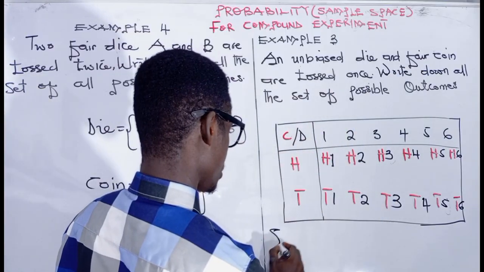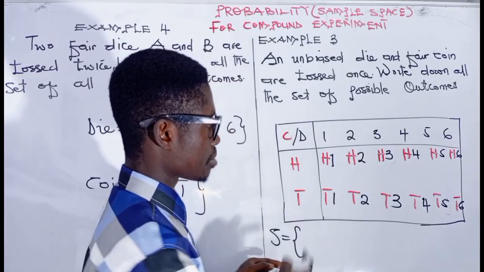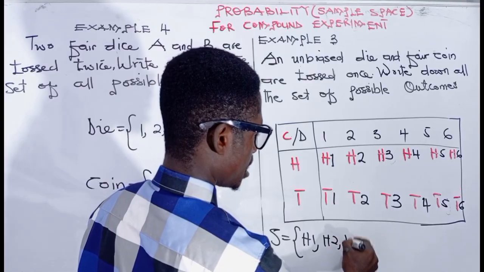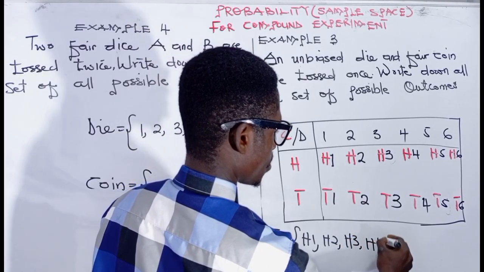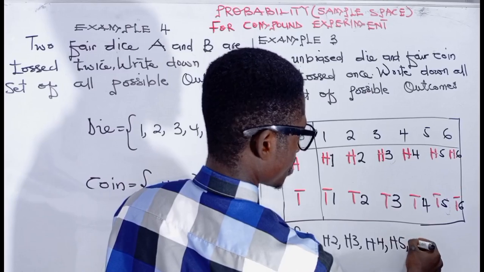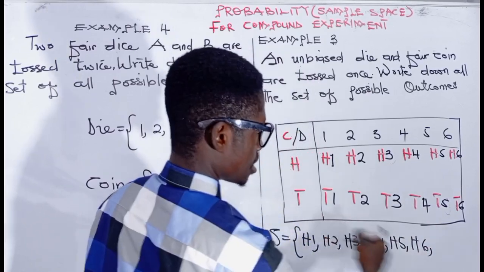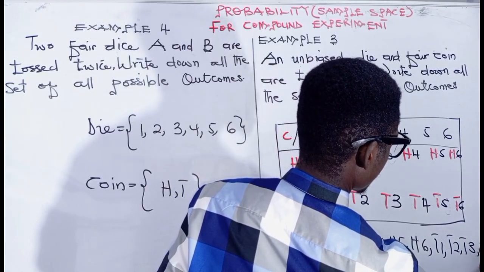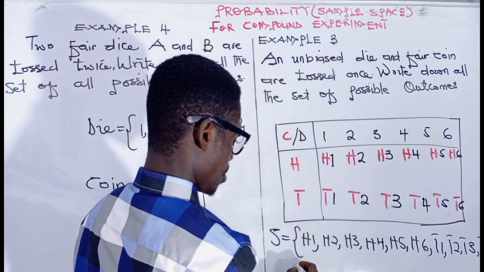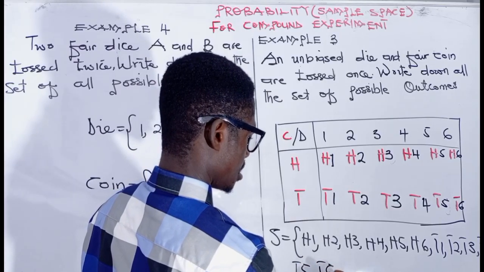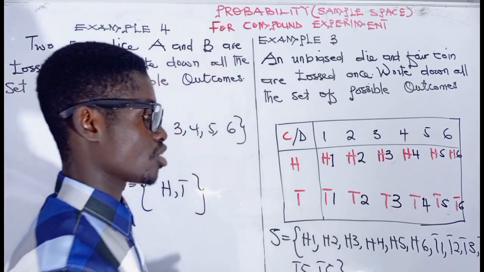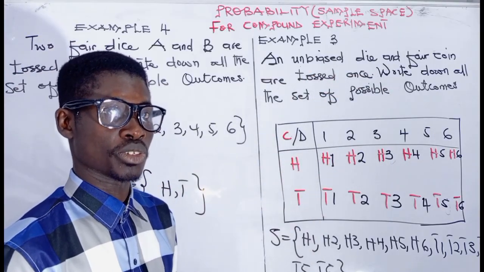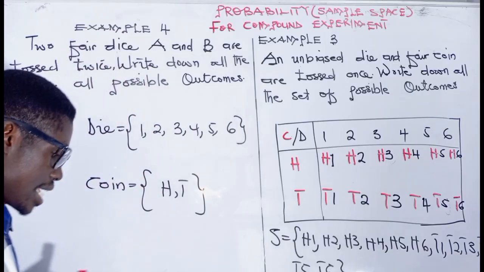So the sample space for this compound experiment becomes H1, H2, H3, H4, H5, H6, T1, T2, T3, T4, T5, and then T6. So these are all the set of possible outcomes when an unbiased die and a fair coin are tossed simultaneously. Let's look at this example.